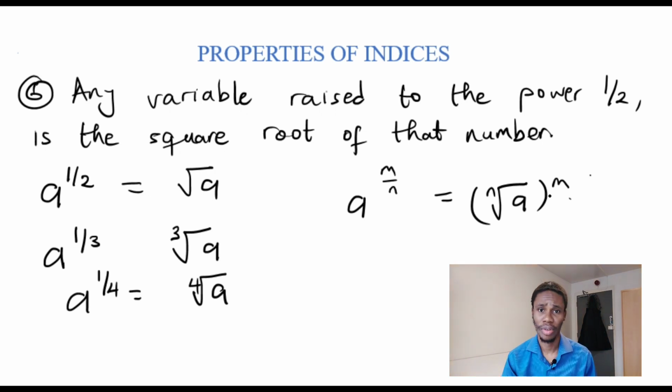Now, kindly take note of this, because for certain questions of indices, you will be required to be operating with fractions such as 2 over 3. I mean, your m over n is 2 over 3. You could have 4 over 7. So you wouldn't be able to really apply 1 out of 2, 1 out of 3, because your numerator is greater than 1.